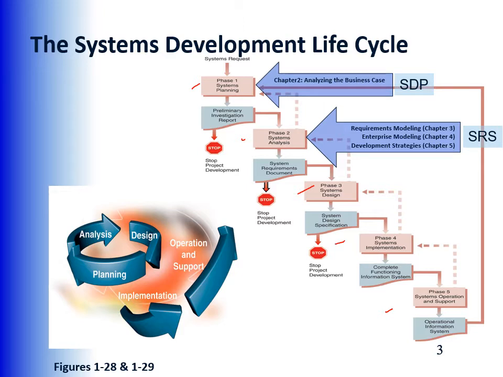Okay, we start with the first phase, system planning. As you have learned in chapter 2, which is analyzing the business case, the purpose of this phase is to identify the nature and scope of the business opportunity or problem.